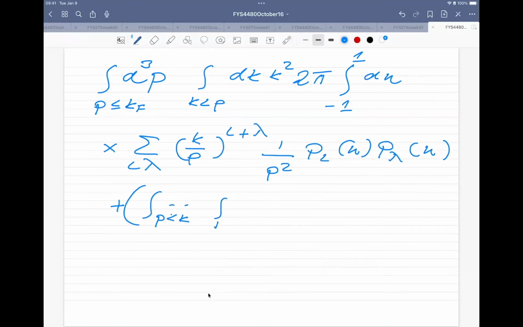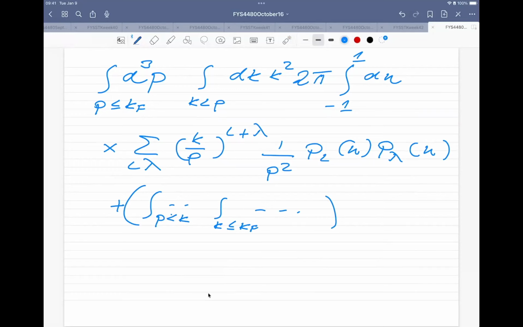And then I have an integral with k less than or equal to kf. The terms look pretty similar, so the expressions are going to be the same. They will give exactly the same answers because p and k are just integration variables. They are dummy variables, so I can relabel them. And you will see that that gives the same answer.